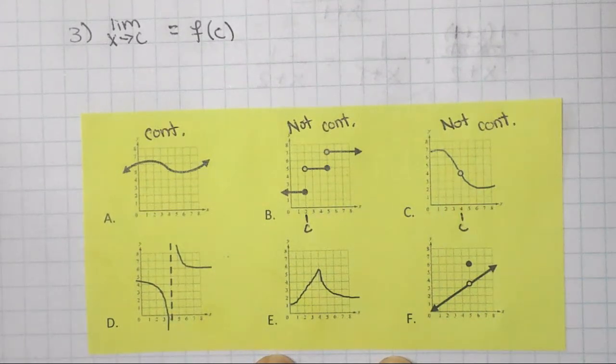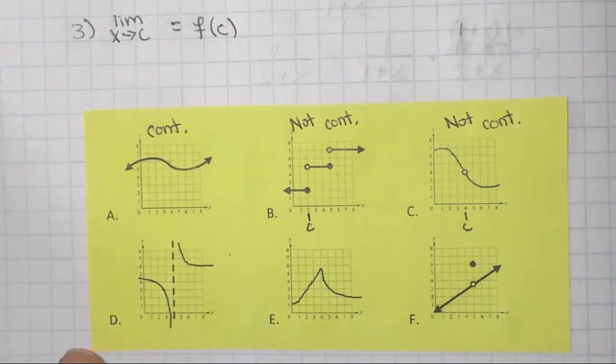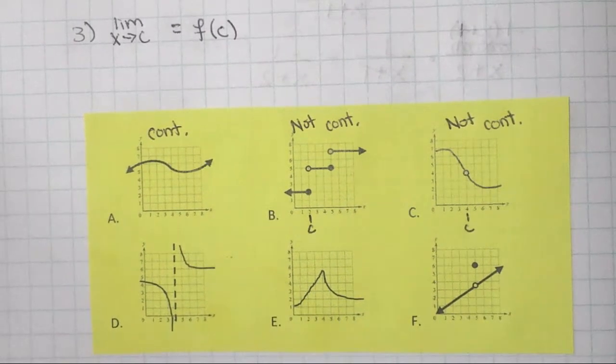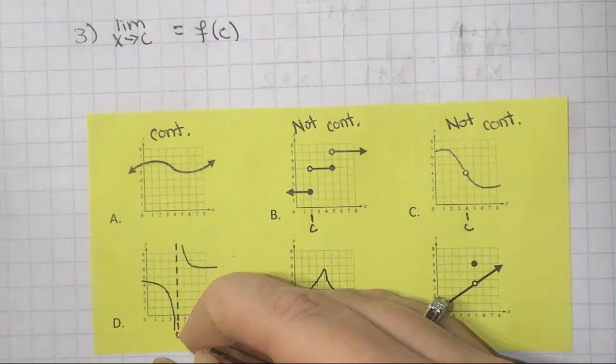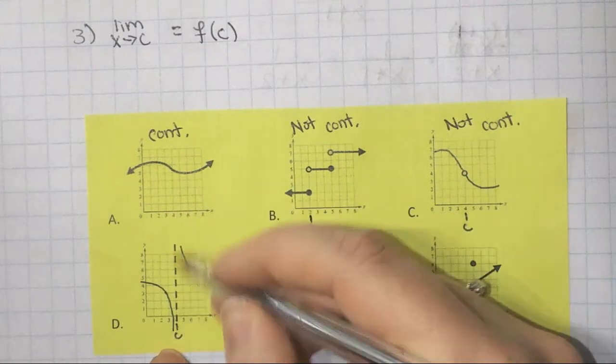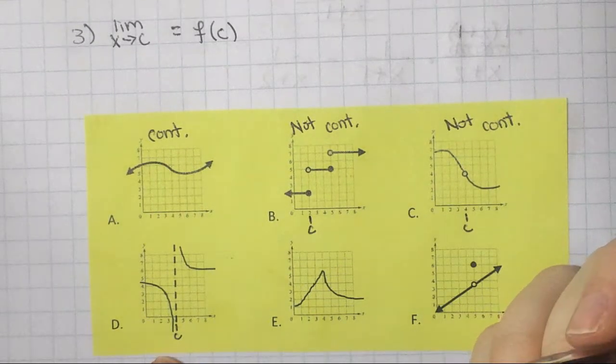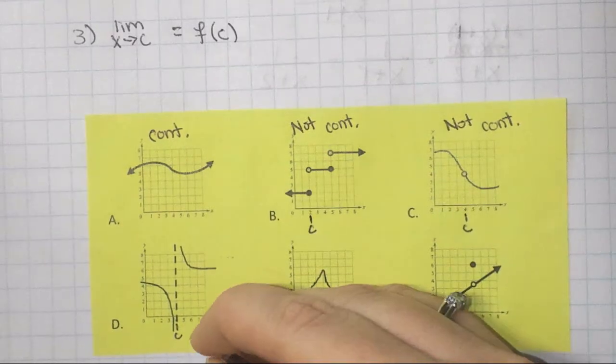So far, so good? Okay, look at letter D. What do we think? This is not continuous at 4. So again, there's an asymptote there. Anytime there's an asymptote in your graph, it's not continuous.